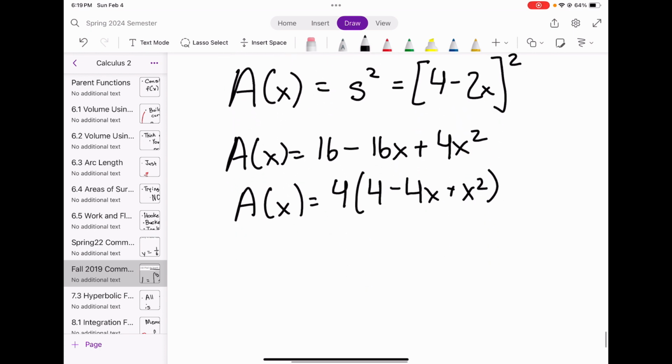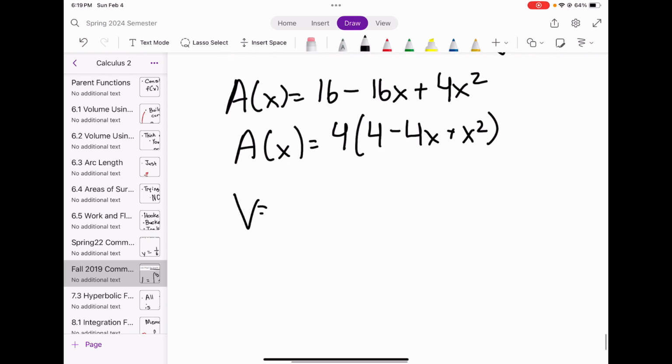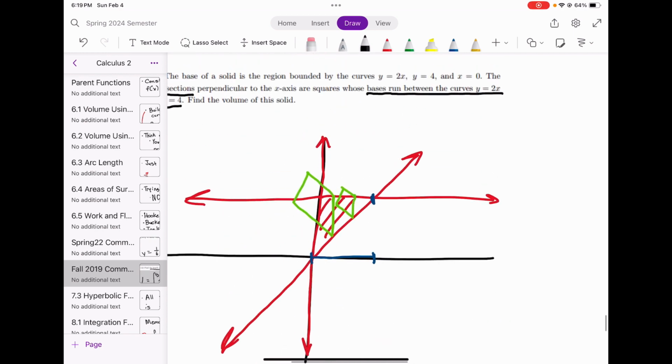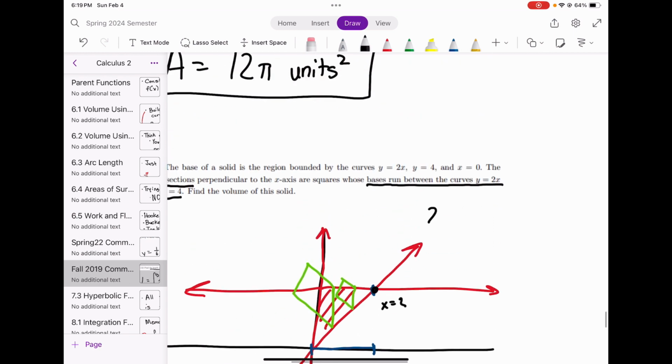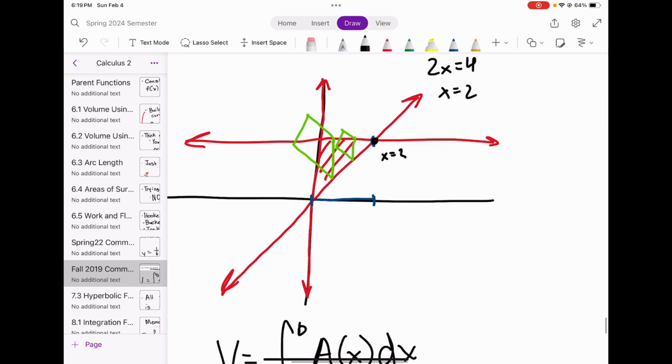So V is equal to 4 times the integral from a to b, which in this case is from 0 to 2, right? Because that's what this point is. That's x is equal to 2. And we know this because we could set 2x equal to 4, divide by 2, and x is equal to 2.